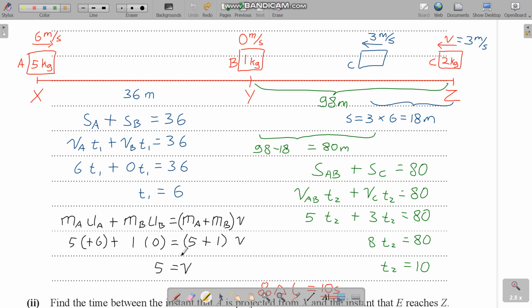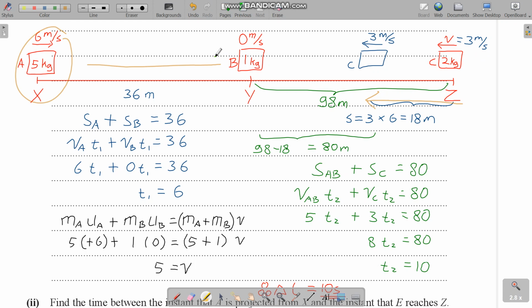Now when A is going to the right to collide with B, C is also moving to the left. During these 6 seconds, C is not here anymore because it is now 6 seconds later, it's around here. To find the distance traveled, we do velocity times time. The velocity is 3, the time is 6. So C has traveled 18 meters to the left, while A is moving to the right. Since the total distance is 98, this is 18, the remaining distance here would be 80.